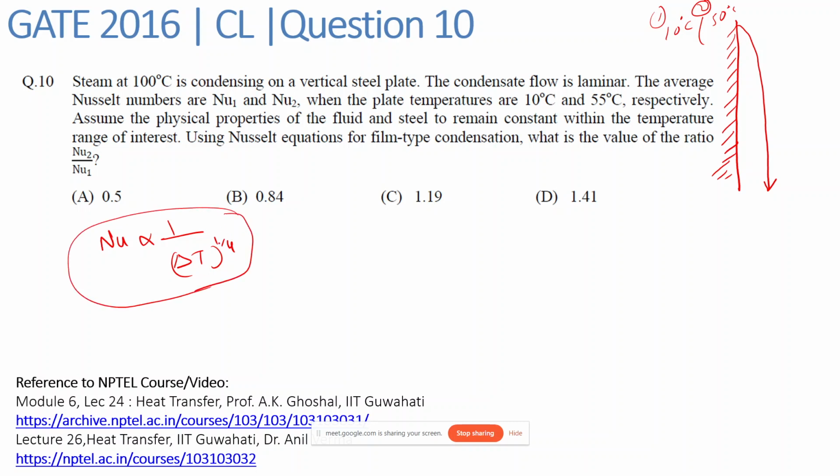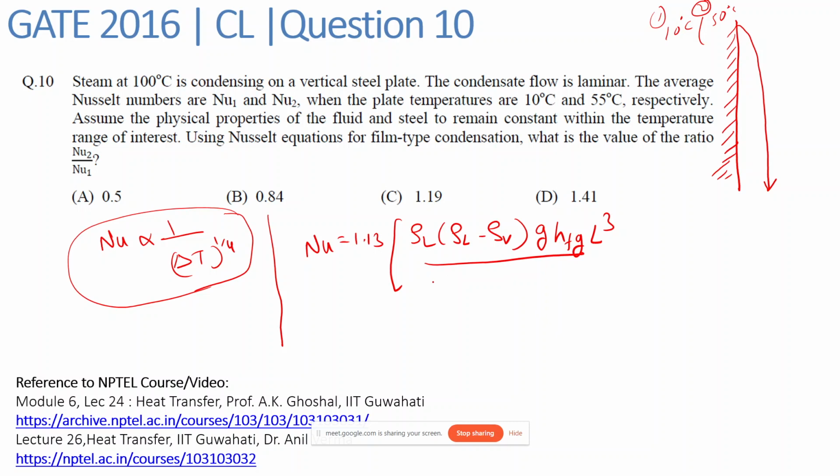This correlation basically comes from the Nusselt's number correlation for the film type condensation, which we can write as Nusselt's number is equal to 1.13 into rho L upon rho L minus rho V into g h_fg L cube upon mu L K L into delta T, raised to 1 by 4. So this is the overall Nusselt's number correlation for film type condensation.